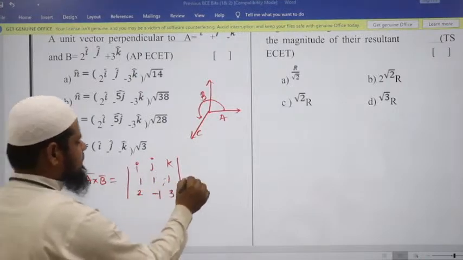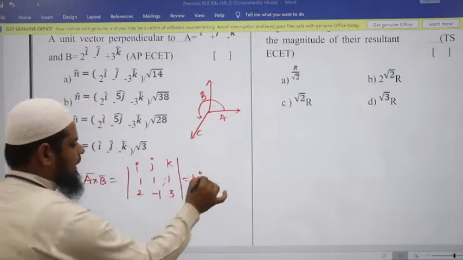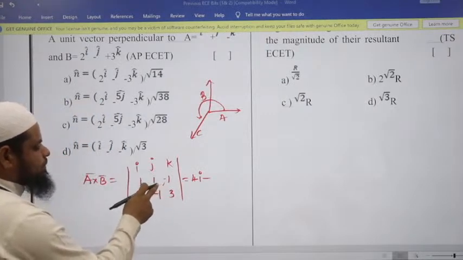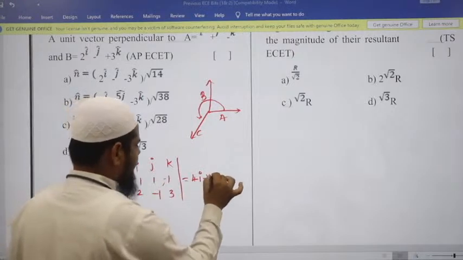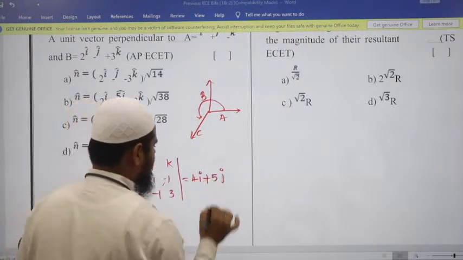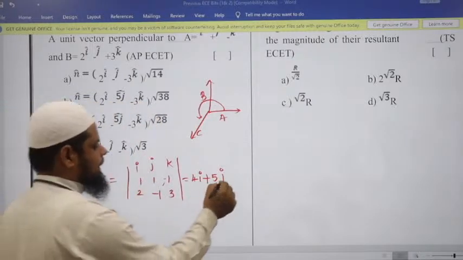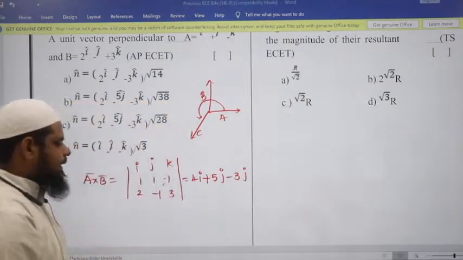You will get 4I, minus 3 minus 2, minus plus, it becomes 5j. So minus 1 and minus 2, minus 3j. Look at this.